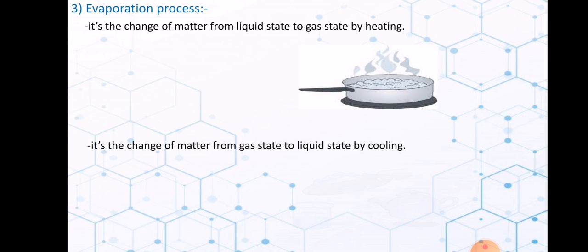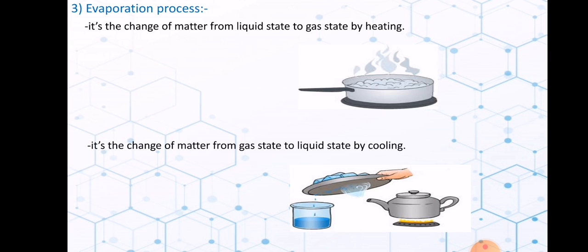Process number 4, which is the change of matter from gas state to liquid state. If we boil some water in a teapot, then the water will change into water vapor by the evaporation process.